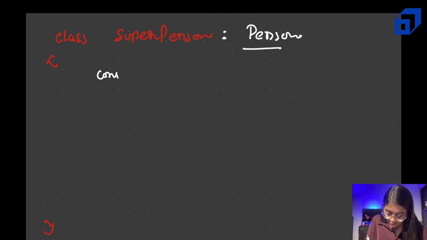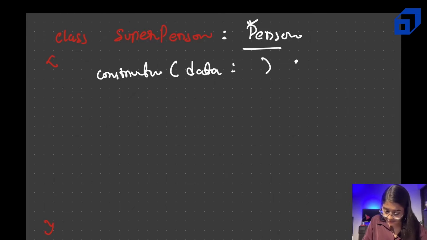So if I want to use the constructor of this class, then maybe I want here data of type something, and then super is the keyword that you have to use here. That's it, that's all you have to do.